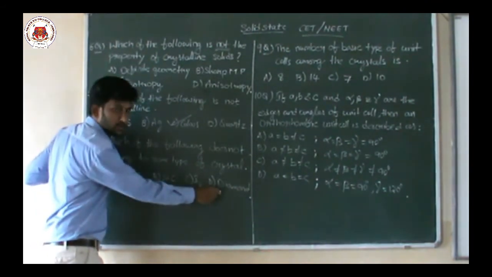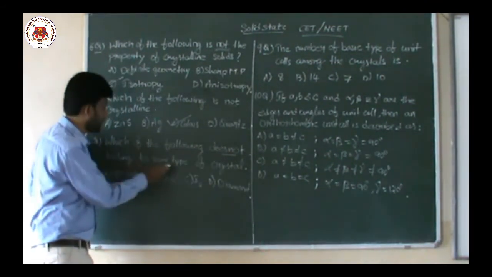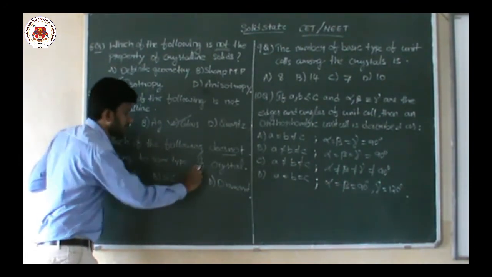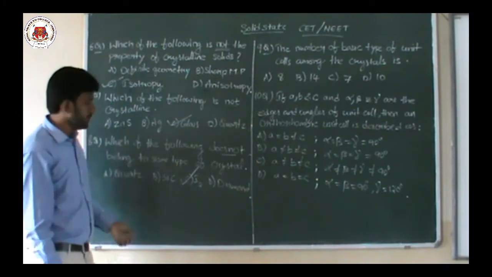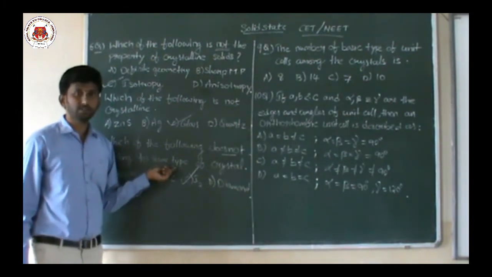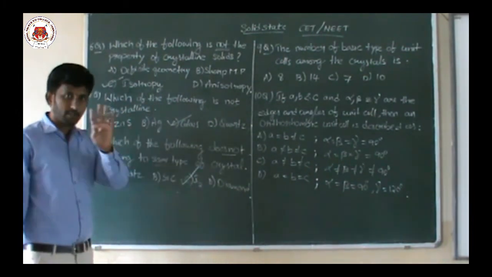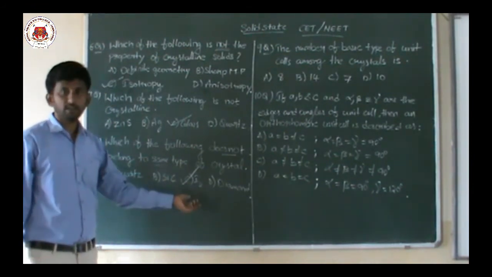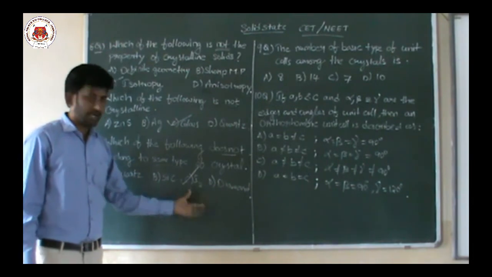These three are covalent, but this one is molecular. So iodine does not belong to the same type. Among the four options, three are the same type, covalent, except iodine, which is a molecular solid.